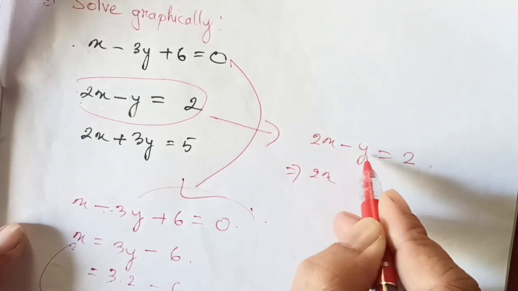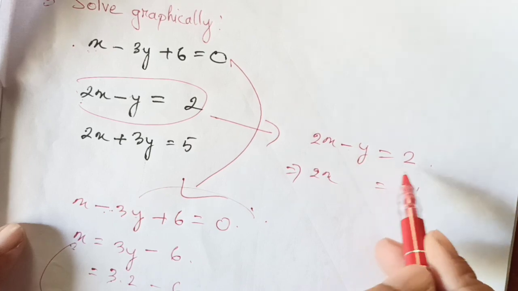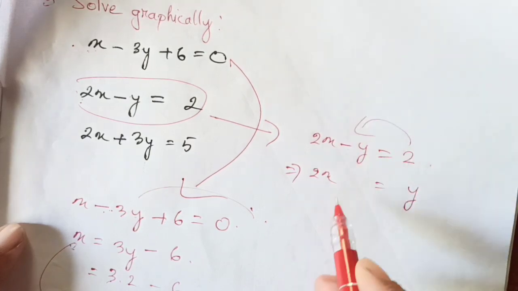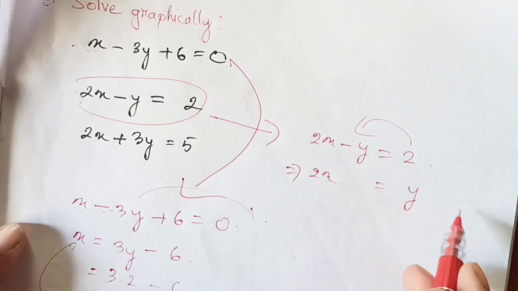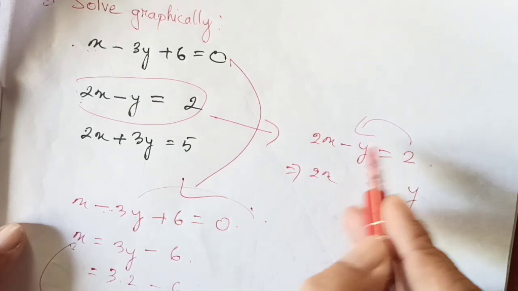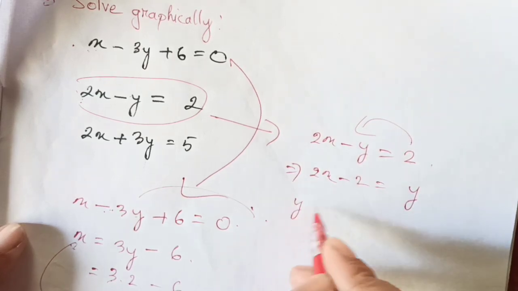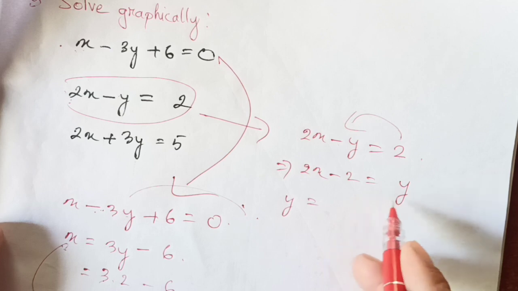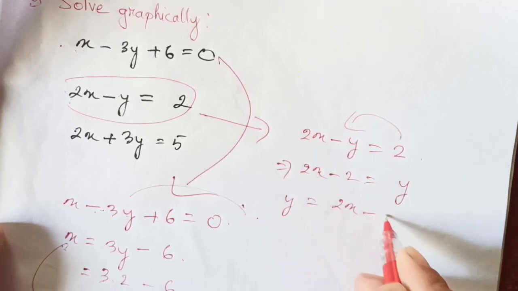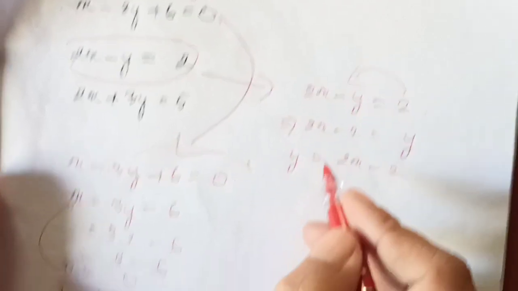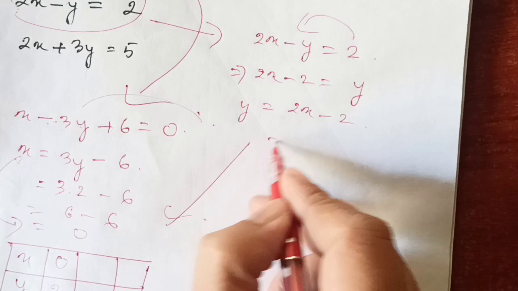Now twice x minus y. If we transfer it to this side, it will be plus y. Now 2, you transfer to this side, because we need to keep y alone here, we cannot keep it together with any other number. So plus 2, when transferred, becomes minus 2. So from here, y equals twice x minus 2. From here we can find the table.